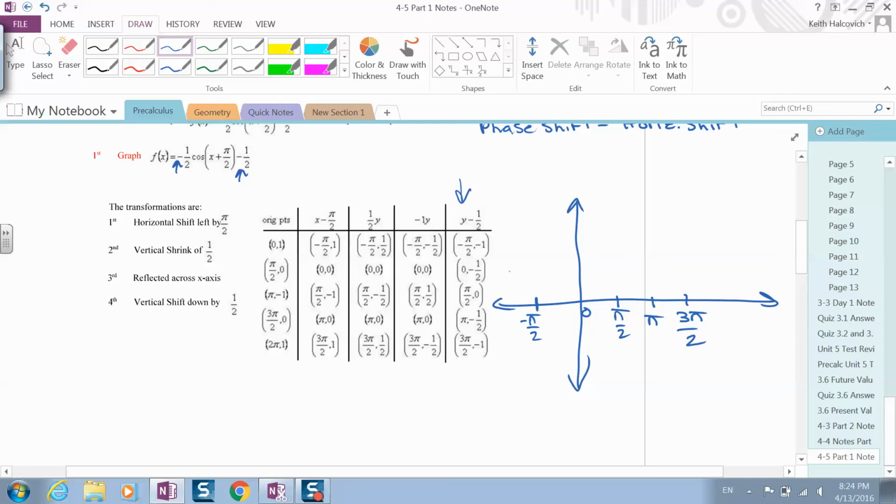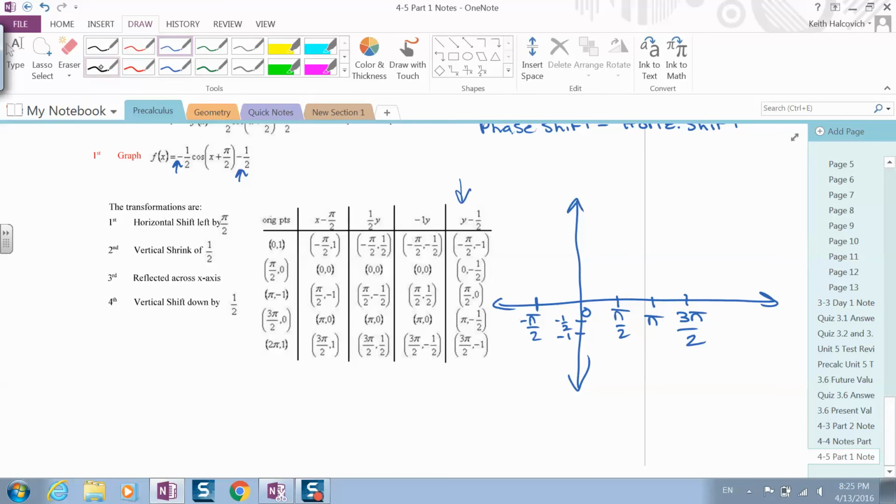The highest it goes up to is 0, and the lowest it goes down to is -1, and so we'll make this -1 and this is -1/2.